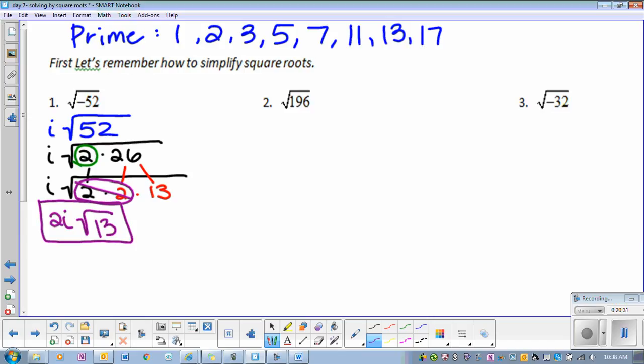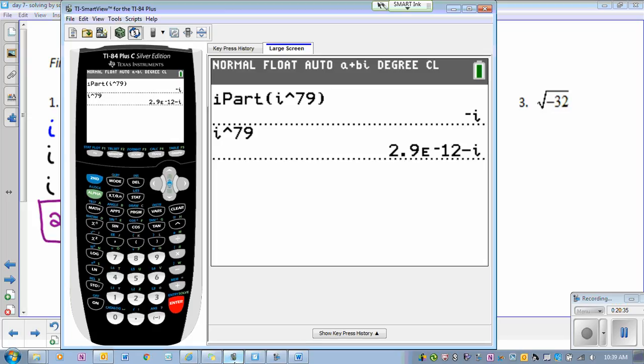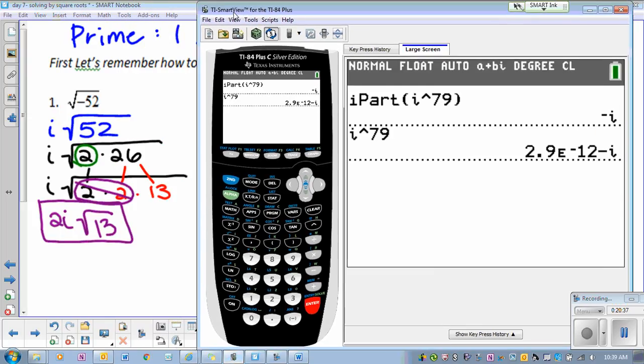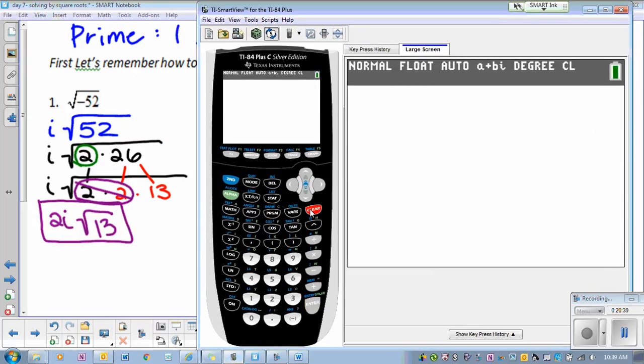Good. I'm going to show you a little calculator trick to make sure you are doing this correctly. Just in case I rushed through and I don't know if I simplified that right, but I don't want to go back and do it from the beginning. Put square root of negative 52 in your calculator.